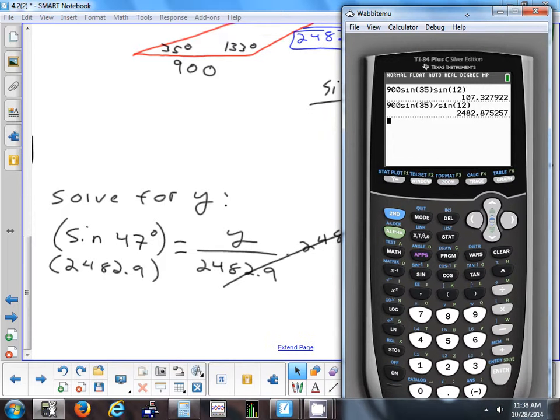Okay, so this was kind of a problem that combined a little bit about what we learned this week, using law of sines. That was the first step. And then we turned it into a right triangle problem in the second step. So find sine 47 times 2,482.9. Okay, so the height of the mountain is, we'll go to the nearest meter, 1,816 meters.